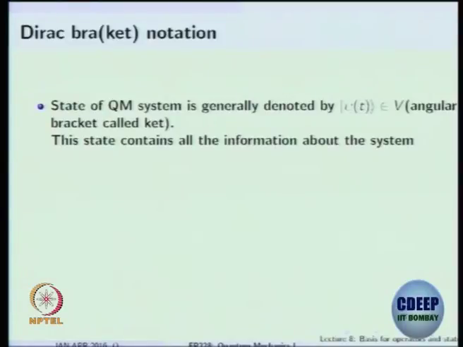Once I give the state, it is supposed to contain all the information about the system. What does the state of the system mean? It could tell me the energy of the particle, it could tell me the location; all kinds of information are stored in this ket, which has a state psi.